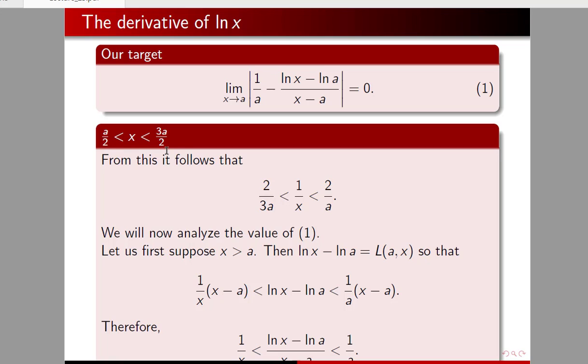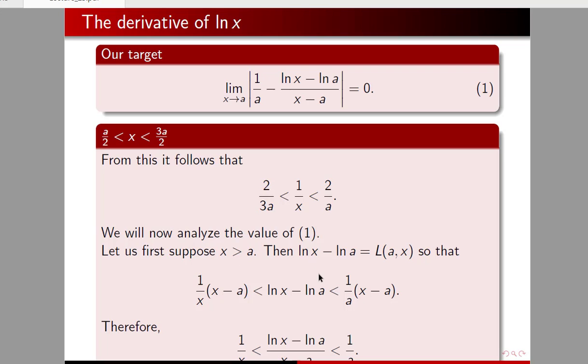Now, we can take the reciprocal of this inequality and see that 1 over x is between 2 over 3a and 2 over a. So we'll now use this control to analyze the value of our equation 1 up here. First, suppose that x is positive, or that x is greater than a.